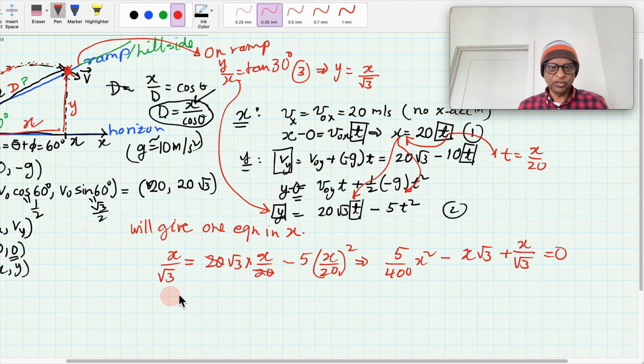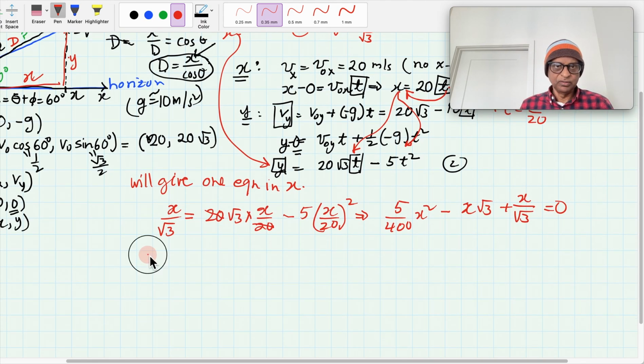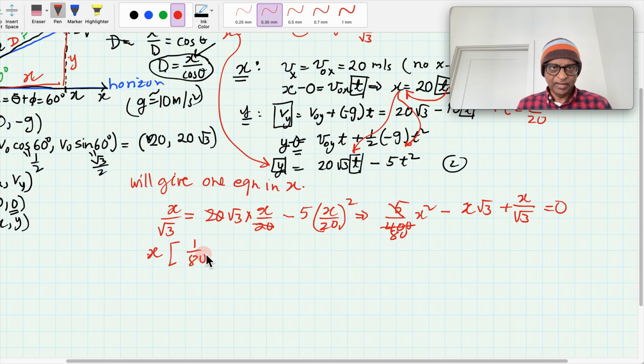And we can take x common now. I hope I'm not making any numerical mistakes. So x common now, 1 over 80 x minus square root of 3 plus 1 over square root of 3 equal to 0.